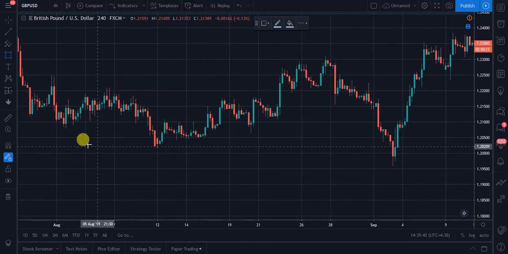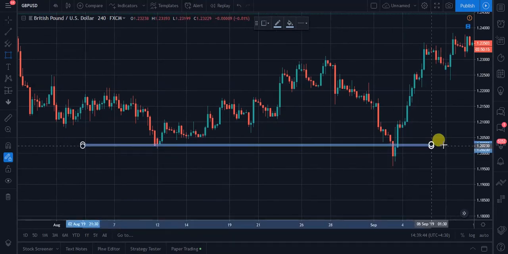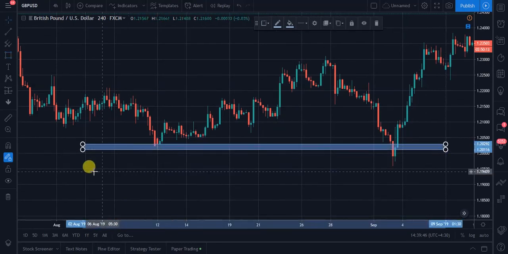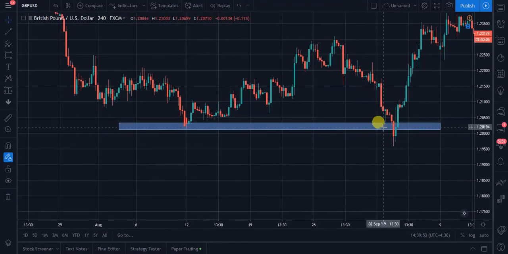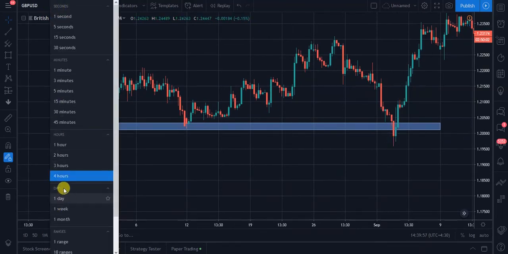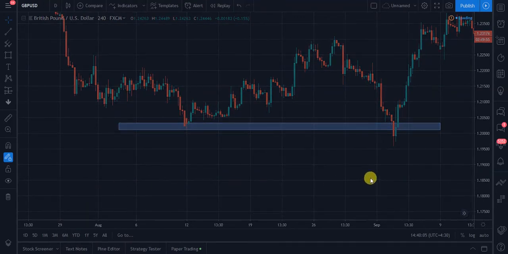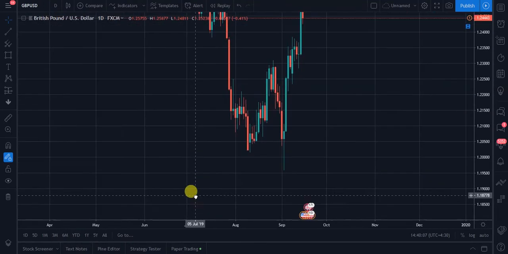Okay guys, so we have zones here. You can see here the price is breaking down, but if we switch a level up, for example here is 4 hour, but a level up is the daily time frame.